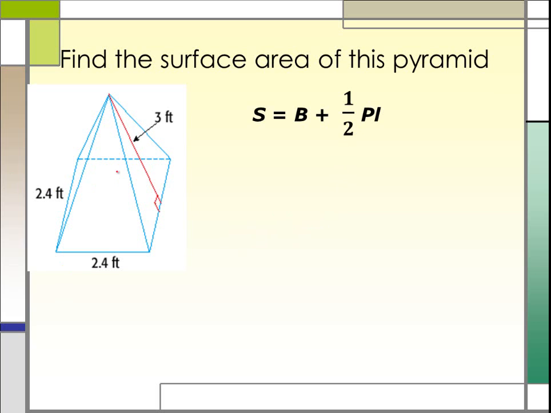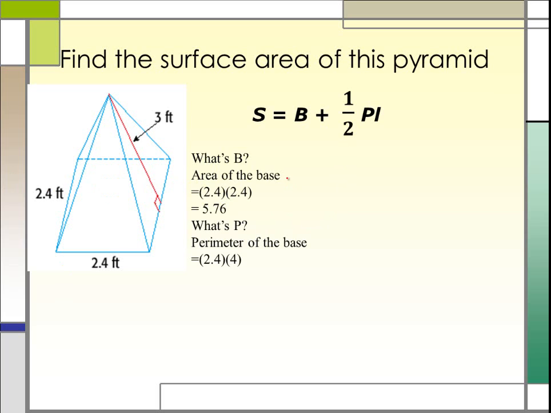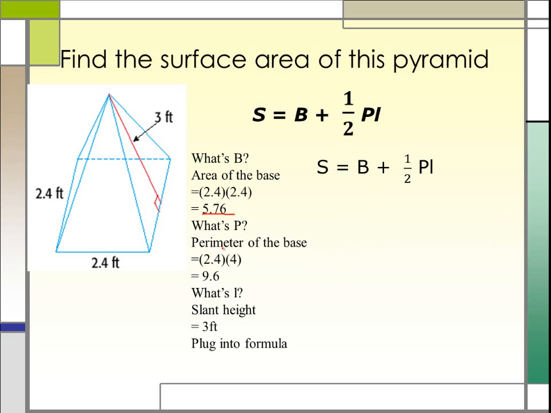And what would the perimeter of my base be? 2.4 times 4, because there's 4 of them, and that would give me 9.6. Now, what's my slant height or my L? 3. So let's plug it into the formula. Big B was 5.76, P was 9.6, and L was 3.